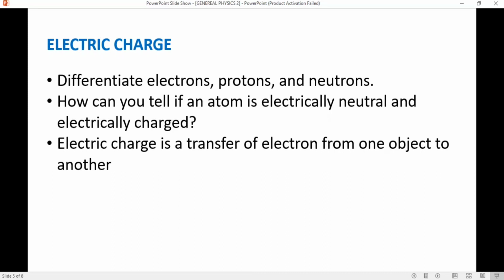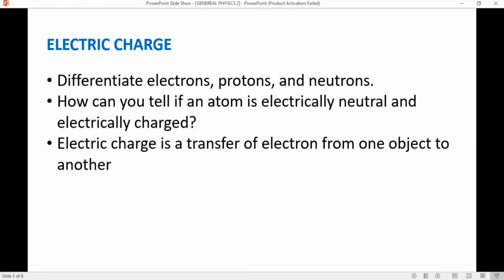Transfer of electrons from one object to another. Alright? Ibig sabihin, protons are positively charged, electrons are negatively charged, and probably once these two charges attract each other, they transfer electrons with each other.